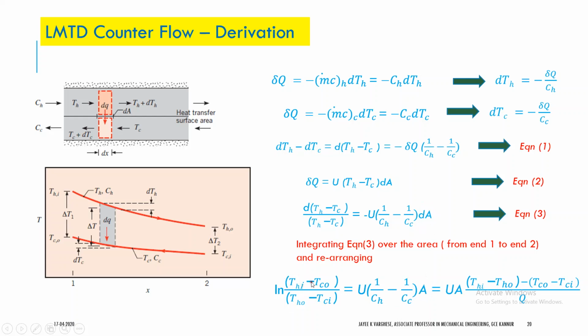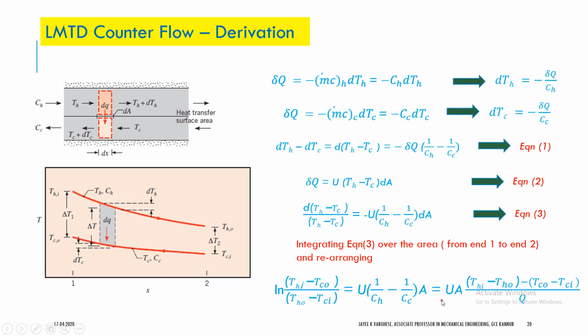Now how do we apply the limits? So log of final minus initial. Final is the end 2. End 2 is the end where the hot fluid exits.